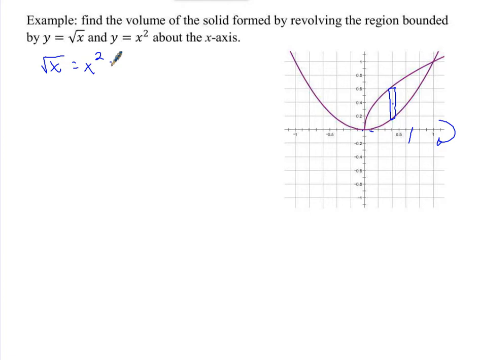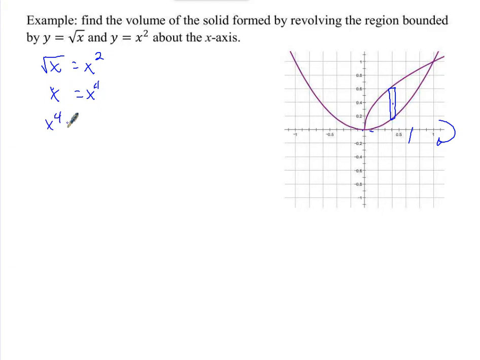Well, I don't really know how to work with this square root thing. So I'm going to square both sides. That gives me x here equals x to the fourth. Now the bummer there is I just introduced two more solutions to this that weren't there in the first place. But we can continue. Now what? Subtract x from both sides.